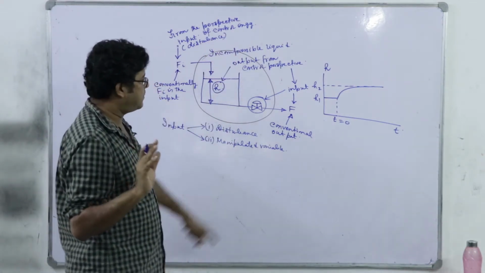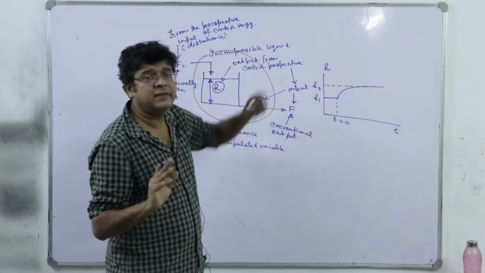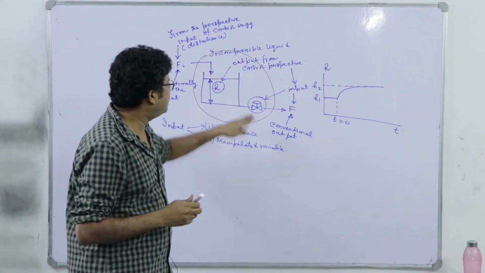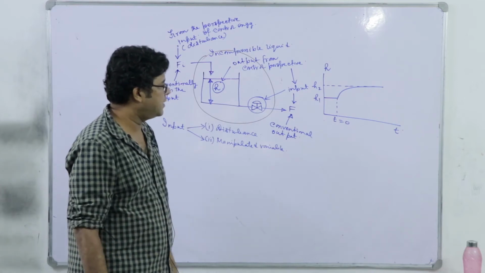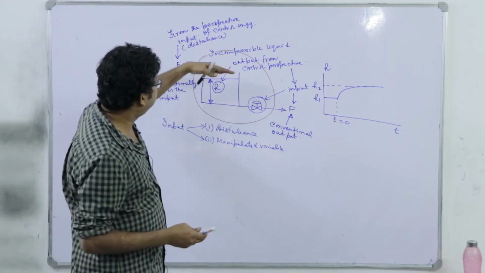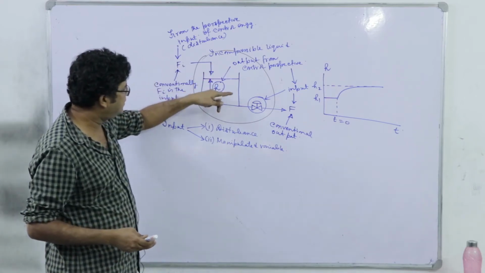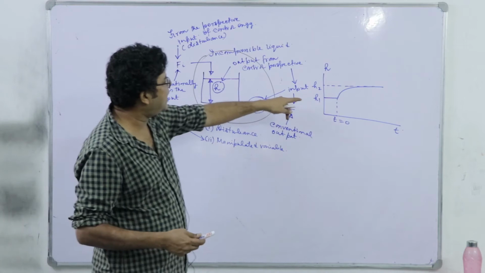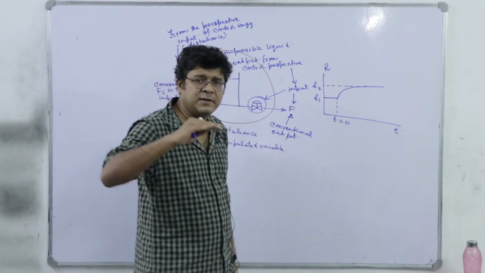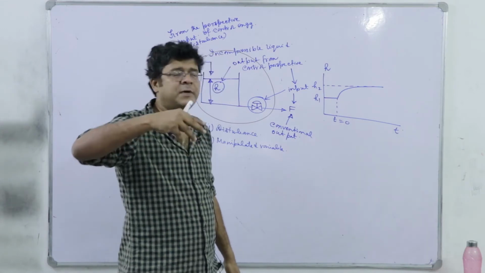And we want to keep H at H1 because that is the desired value. So we will operate that valve, we will open up this valve such that the level again decreases. So definitely we will not allow the system to reach this H2. Once we see that level is increasing, we will open that valve manually.